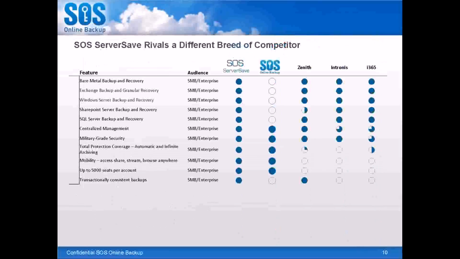So I believe our base price for the ServerSave program is $379 a month, and that gets you 5 ServerSave licenses, which includes, again, image creator, exchange granular recovery, and image stream to get the data offsite. So that's huge.